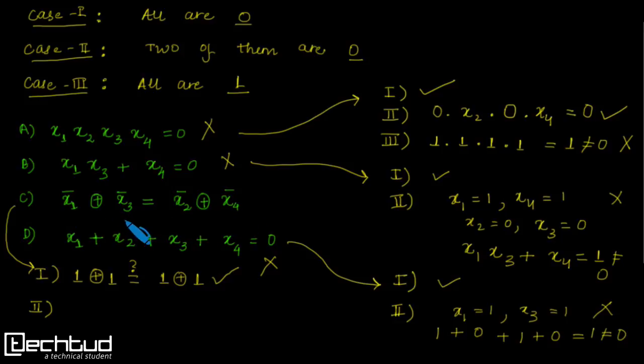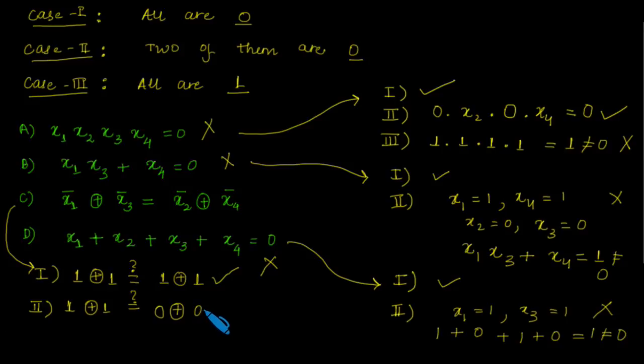When x1 and x3 hold the value 0, their complements will be 1. Therefore 1 XOR 1, will this be equal to the complements of x2 and x4, which assume the value of 1, so their complements will be 0? So 0 XOR 0. We can see that this gives us the value of 0 and this also gives the value of 0. Therefore both of them are equal. Now if we assign the values 0 and 1 to any of the Boolean variables, this case 2 will pass. And now let's analyze case 3.